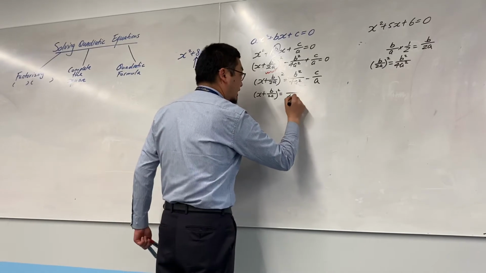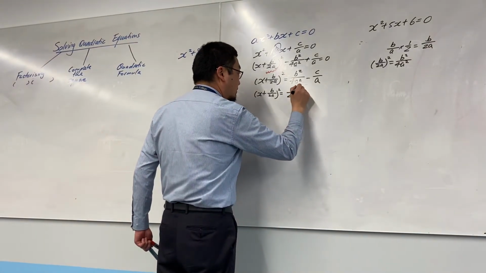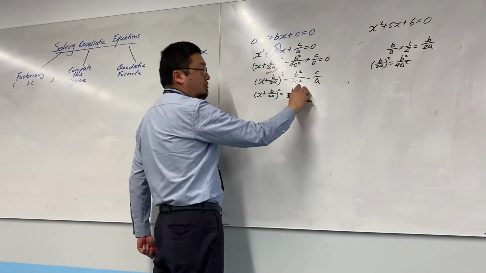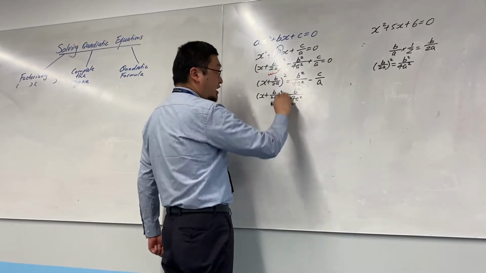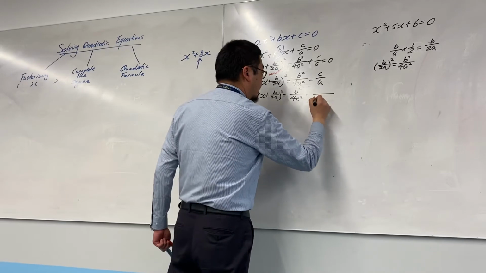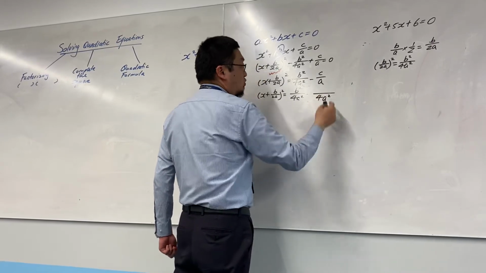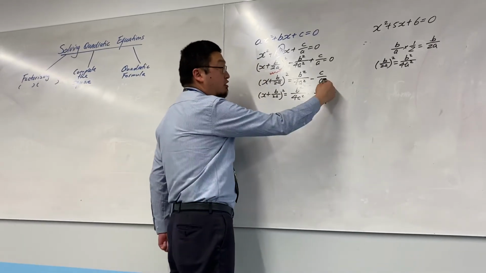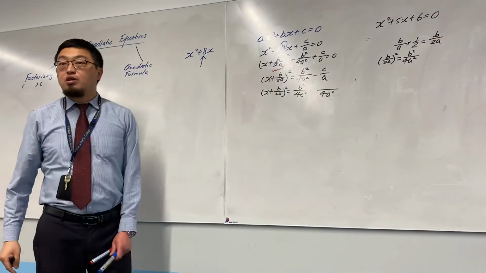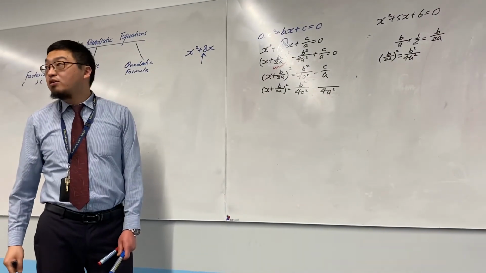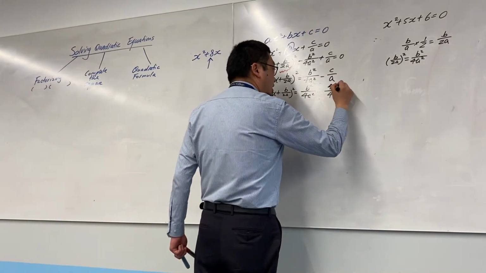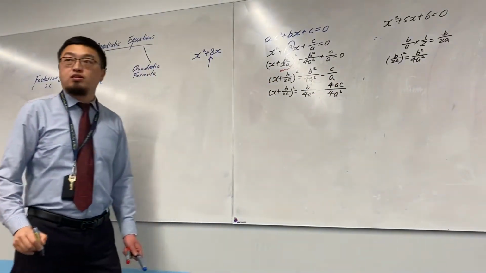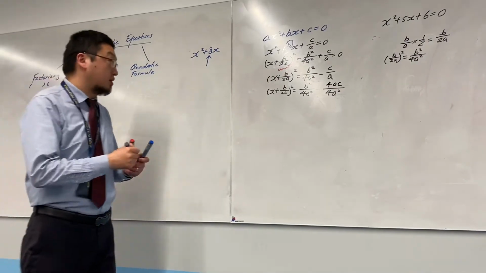The common denominator between this and this is 4a squared. That's 4a squared already, just copy it down. Then I'm going to make that 4a squared. What have I done from here to here? I have multiplied by 4a. Therefore, on the top, I also multiply by 4a. It becomes 4ac. Okay.